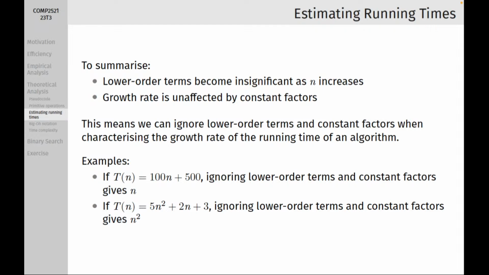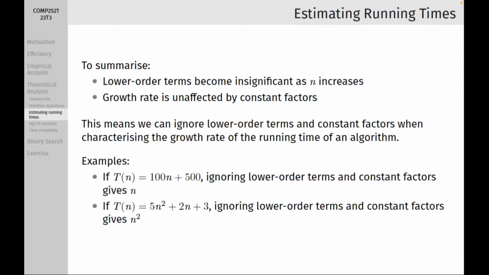Another example, if T(n) is 5n squared plus 2n plus 3, then we ignore the lower order terms, so we ignore 2n plus 3, and we ignore constant factors as well, so that would be the 5, and that gives us n squared.